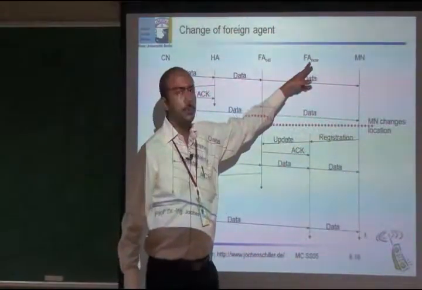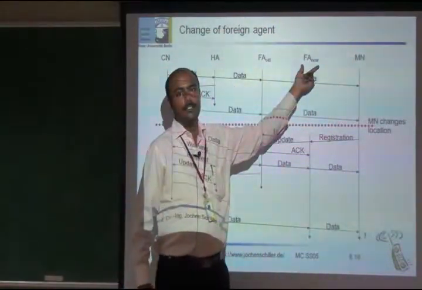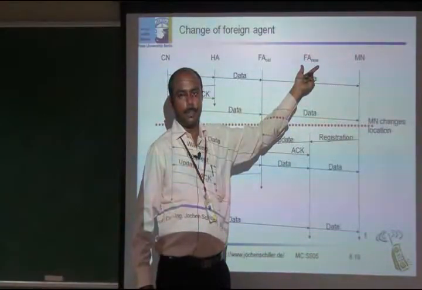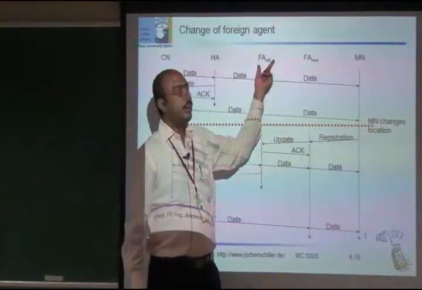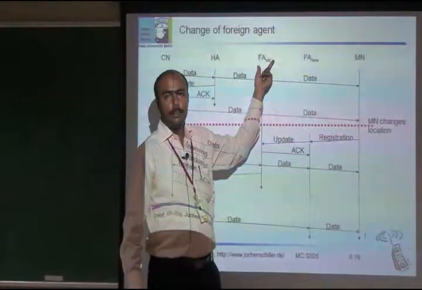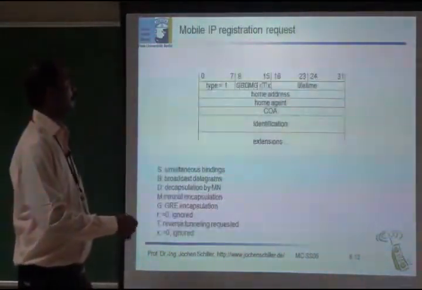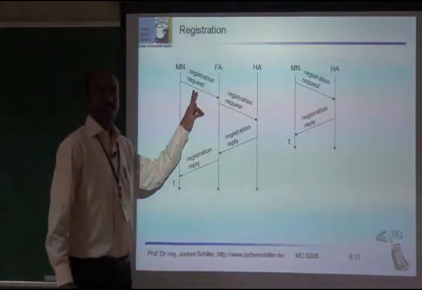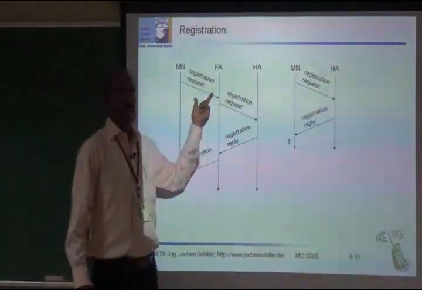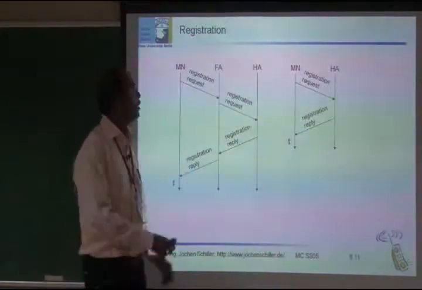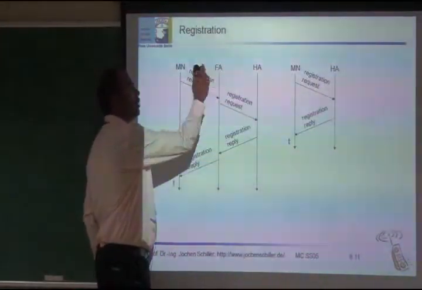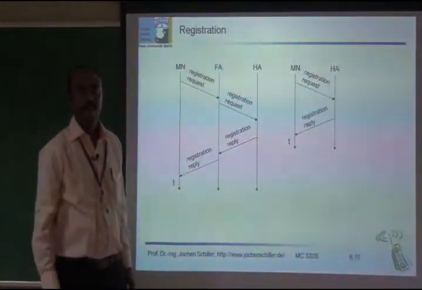After moving to the new FA, the mobile node will store the care of address with the new FA, and the new FA will store the care of address of the old FA. That is what I have already said in this registration. MN will send the registration request to the foreign agent. The foreign agent will assign an IP address to the mobile node, which is called the care of address.